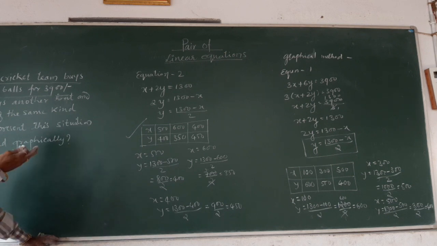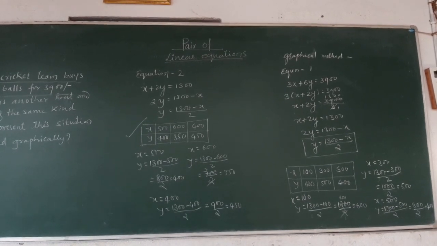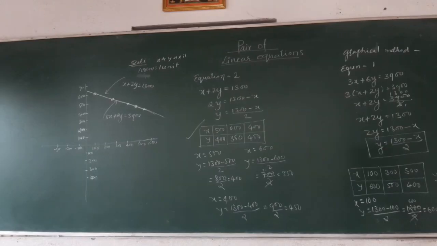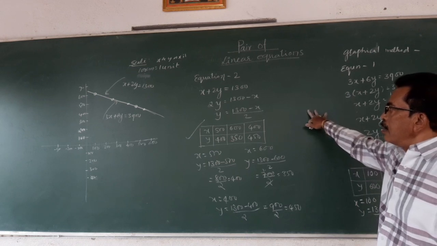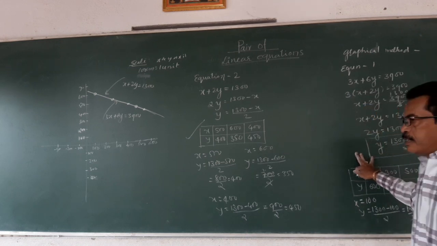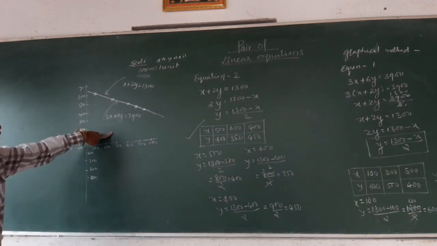So we have to represent it graphically as the previous one. Here the graphical tabulations of equation number 2 are shown. See, I have drawn a rough graph for this question.